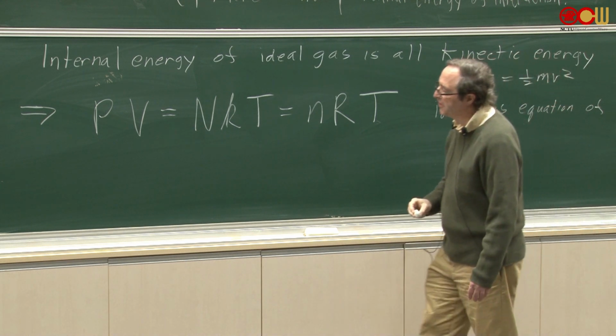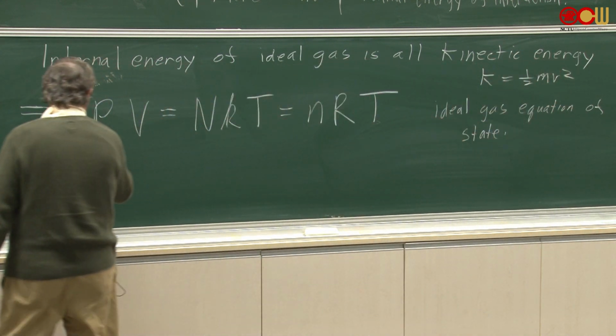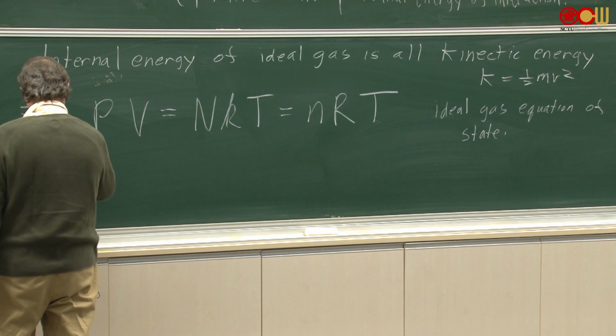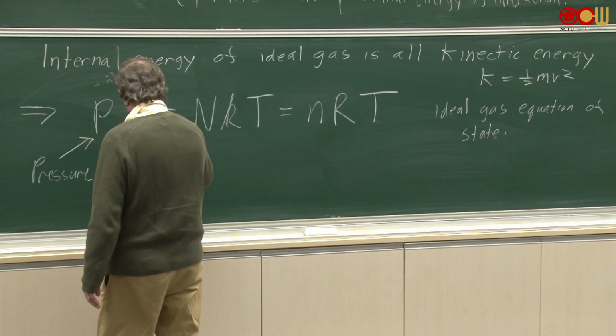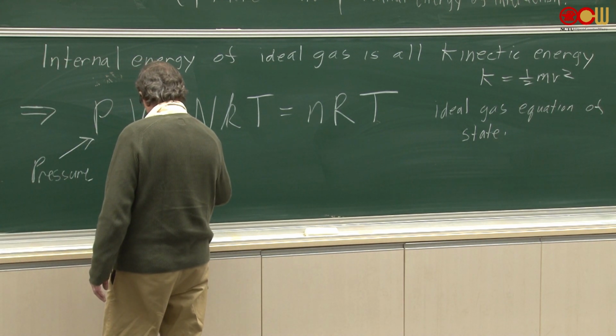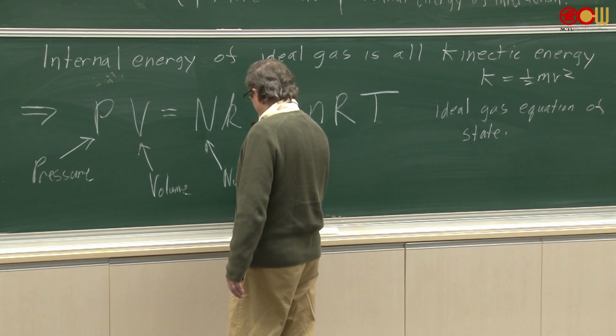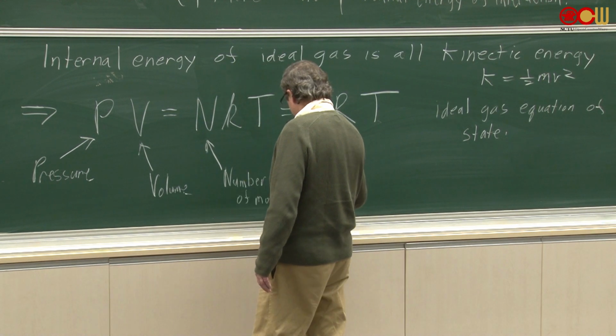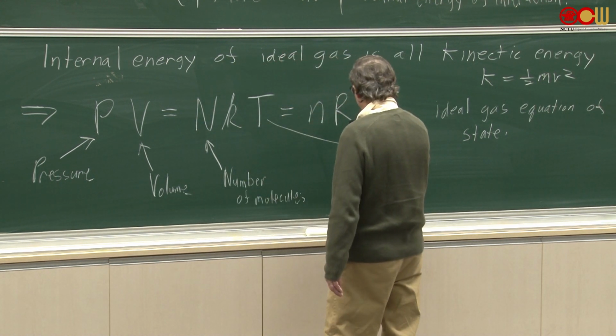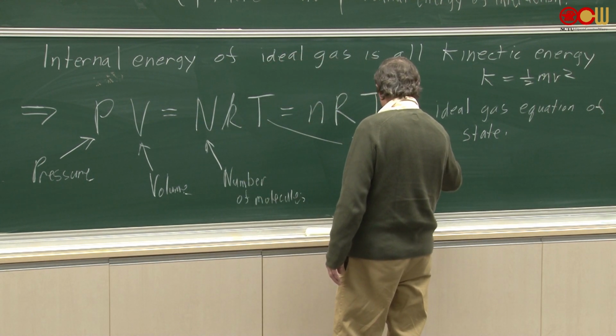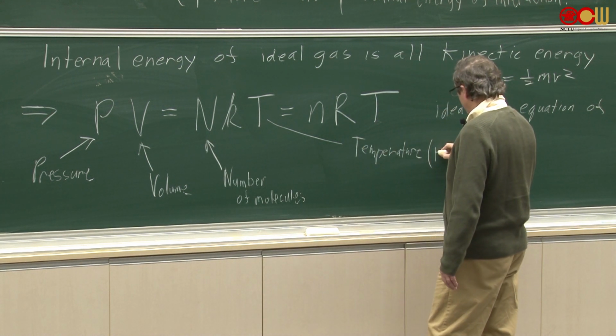All right, what are the symbols? This is pressure. This is volume. This is number of molecules. This is temperature, and it's in the Kelvin scale.